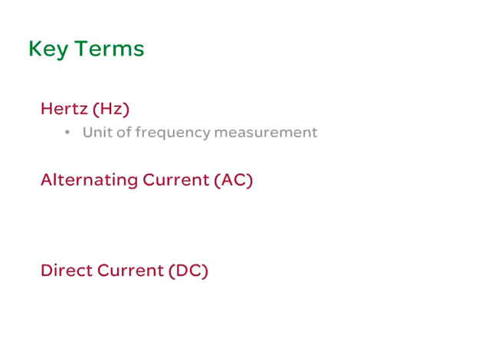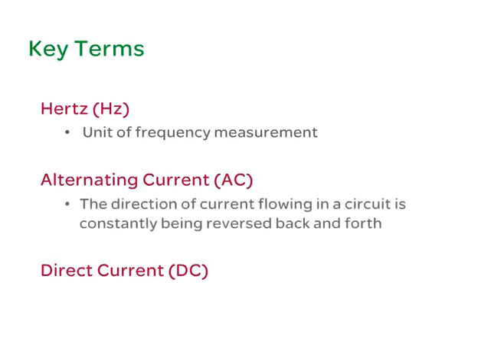Hertz is the unit of frequency measurement. One complete cycle of change in voltage direction per second is equal to 1 hertz. Alternating current, or AC, is constantly being reversed back and forth through an electrical circuit. Power supplied to a building by a nearby utility is an example of AC power.